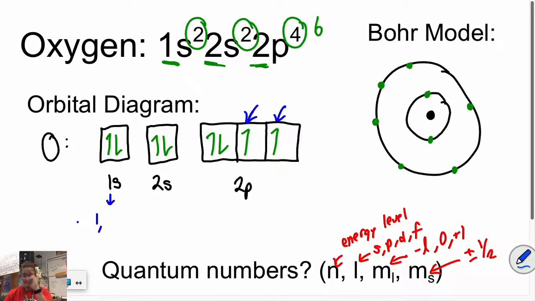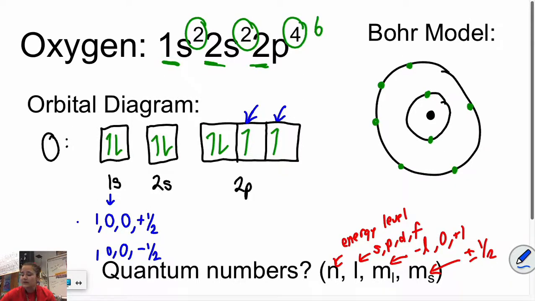S has a value of 0. So 0. Since it's in the S orbital, L is 0, M sub L can only be 0. And one of them is going to have a value of plus 1/2, while the other one, which is almost exactly the same, still a 1, 0, 0, is going to have the opposite spin, minus 1/2.